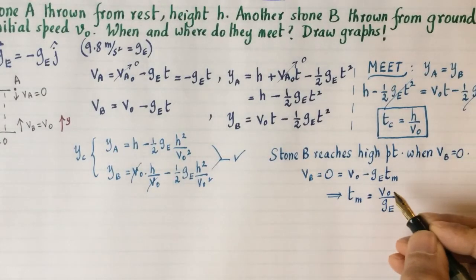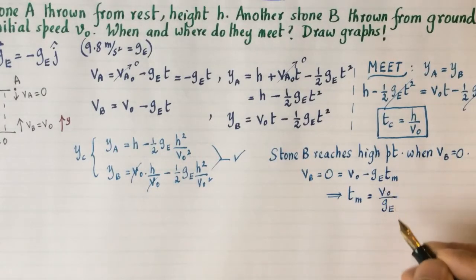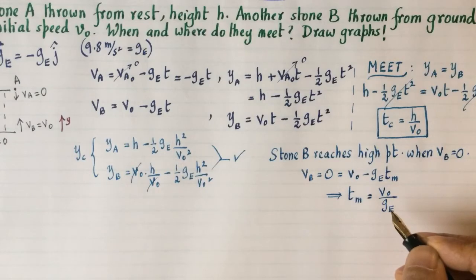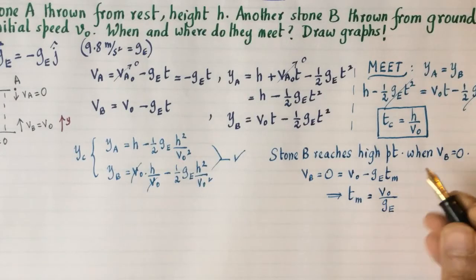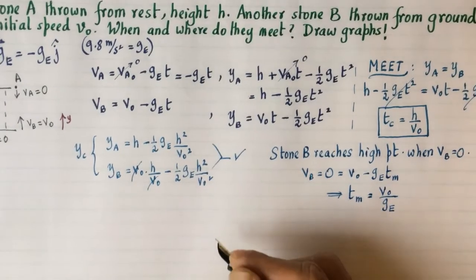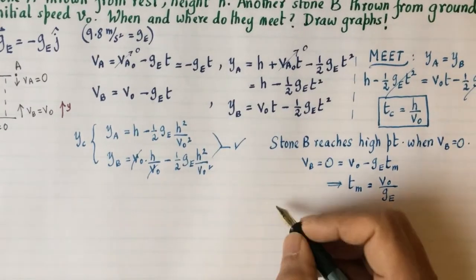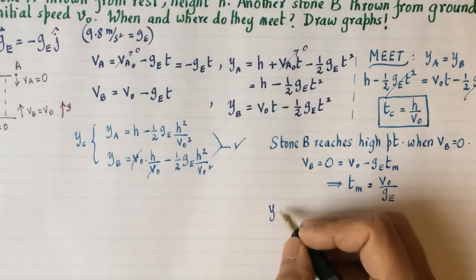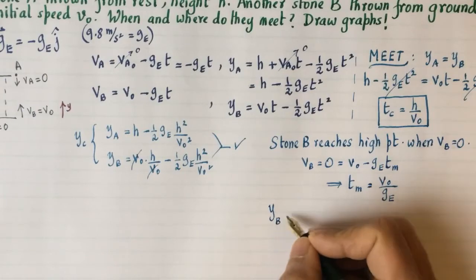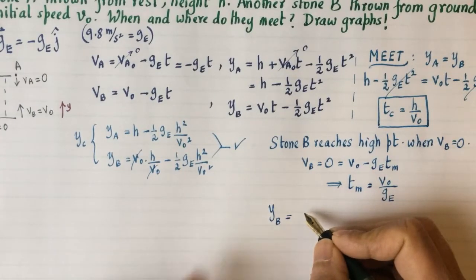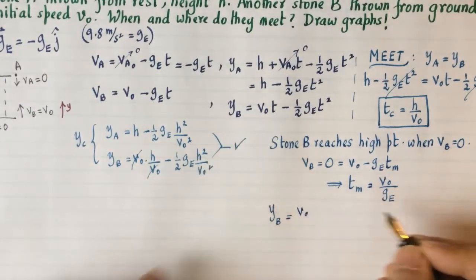And now I can find out the condition under which the stones meet before it reaches the highest point or after it reaches the highest point. So I'll substitute this t as t sub m in the equation for yb. So I'm going to get yb equals v0 times t sub m.